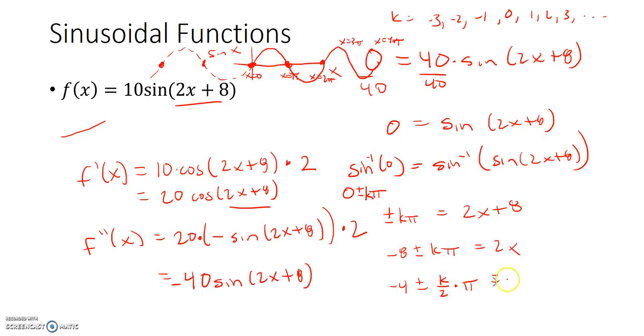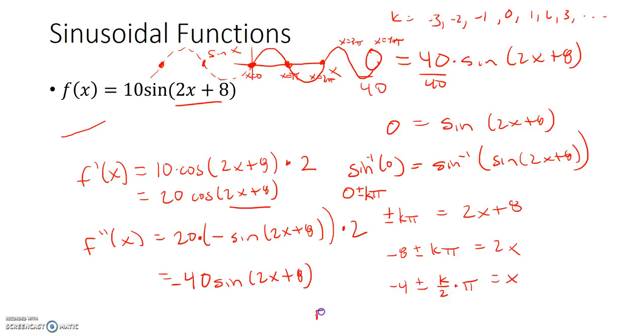All right, well, the point here is that there are infinitely many of these inflection points. In fact, we go from concave up to concave down, concave up to concave down, at any multiple of -4 plus or minus k over 2 pi.